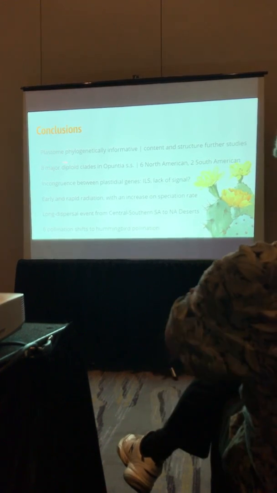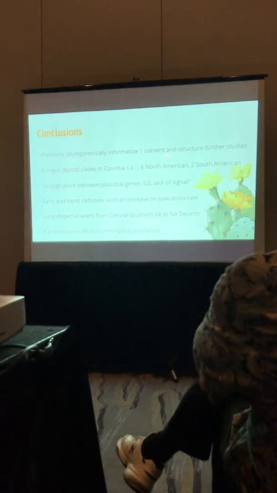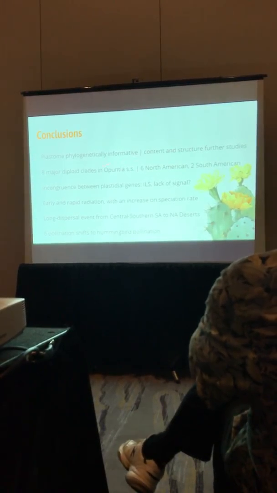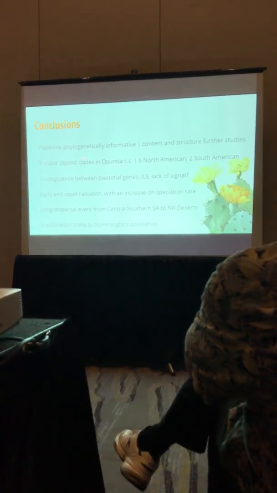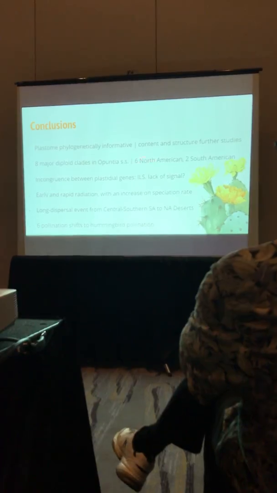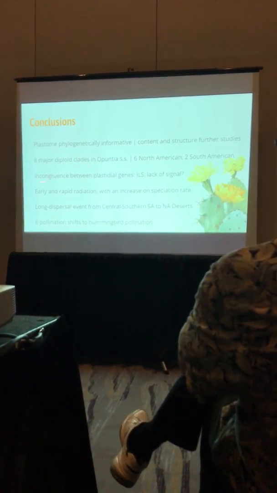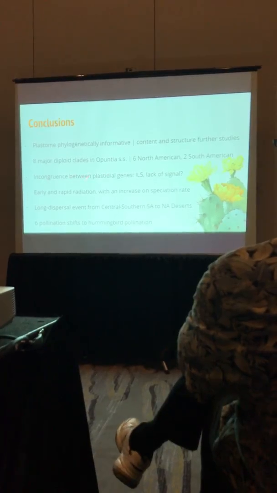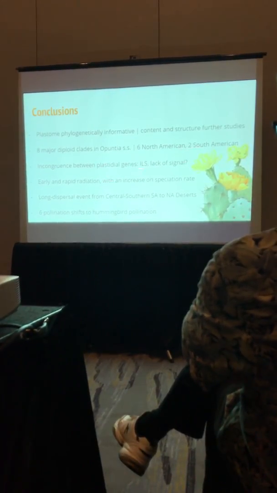Concluding, the plastome is really phylogenetically informative, but its content and structure, which can be really different across the taxa, deserve further study. We recovered eight main diploid clades in Opuntia sensu stricto, with six North American and two South American clades. We reveal incongruence between the plastid genes that could be related to incomplete lineage sorting.